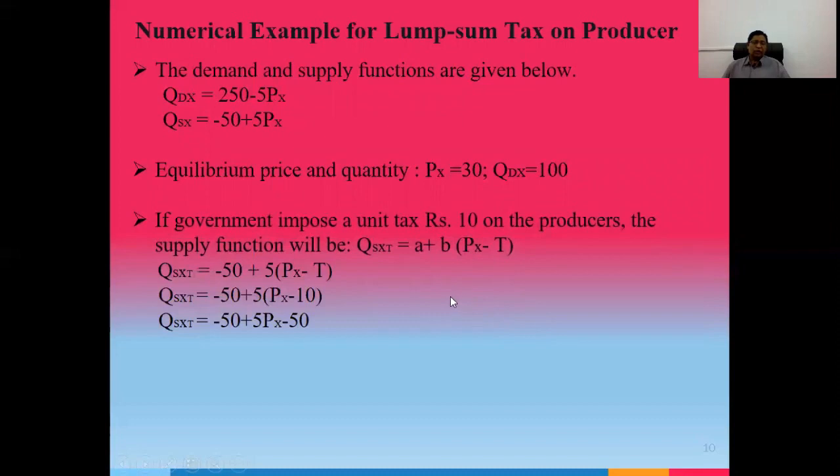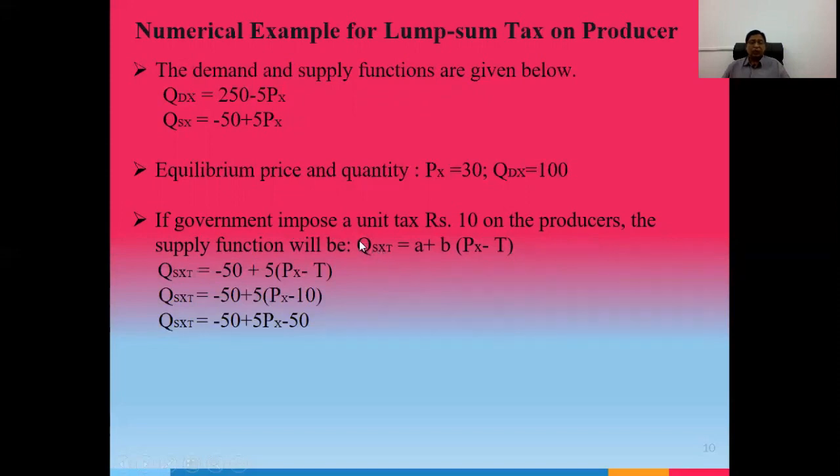Now suppose that the government has imposed a unit tax of 10 rupees on producers of this product. When the government imposes a unit tax, we can derive the supply curve after tax by reducing the unit tax from the price of the product.